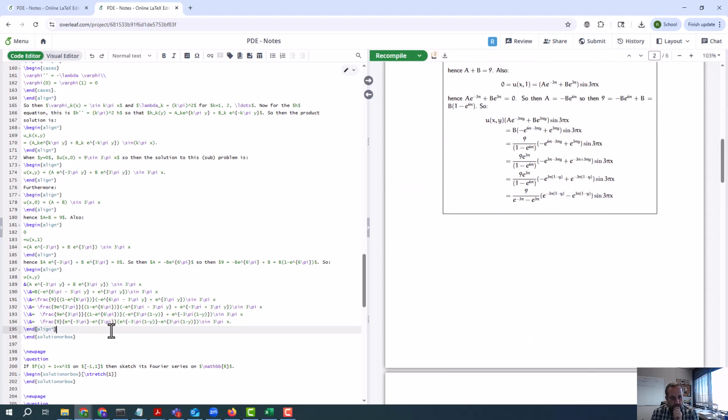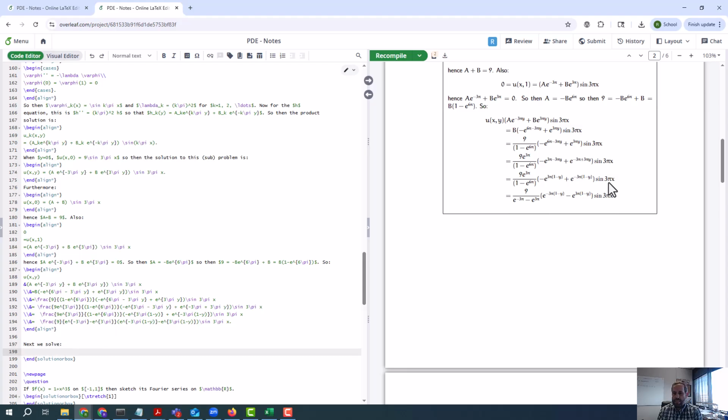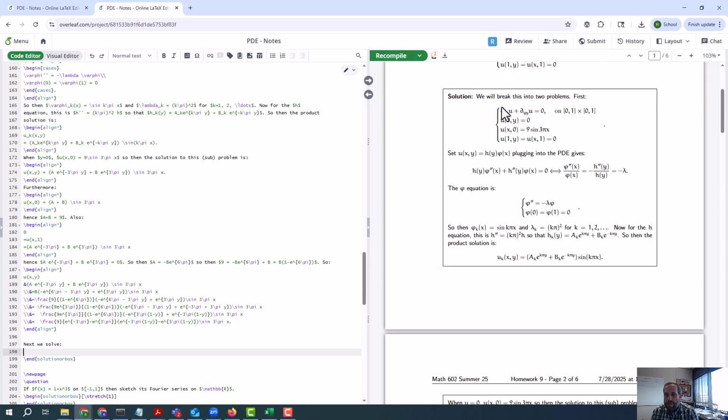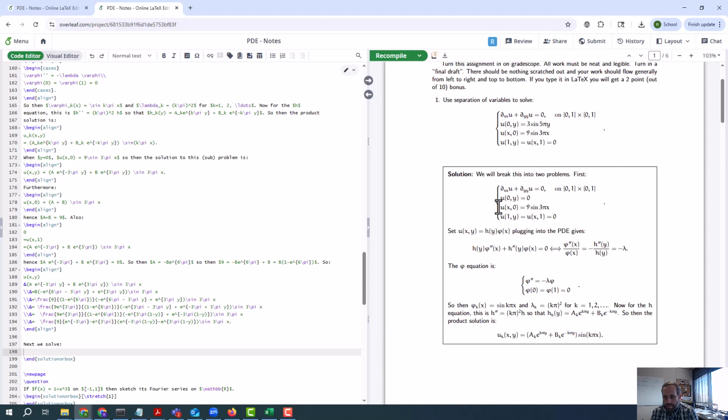Now what we're going to do is solve the second problem. But let's just think about what this problem solves first of all. This problem satisfies the PDE. It satisfies the zero boundary conditions here. It satisfies this boundary condition here, and it satisfies u of 0, y is equal to 0.